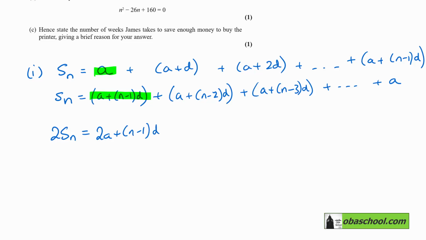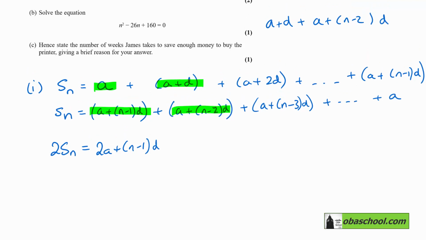If we now add a plus d and a plus (n minus 2)d, that's going to be 2a, and (n minus 2)d added to d is (n minus 1)d. So we get another 2a plus (n minus 1)d.